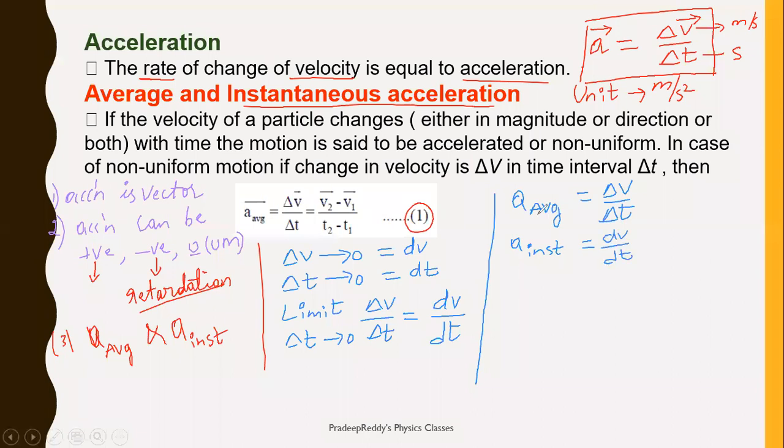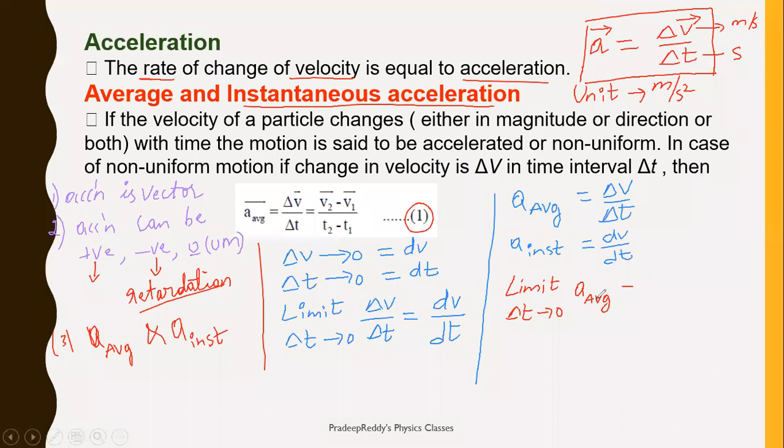Now coming to instantaneous and average accelerations. If I take these two and substitute in this basic relation, I can write limit delta t tending to 0 of delta v by delta t. Delta v by delta t is nothing but a average.